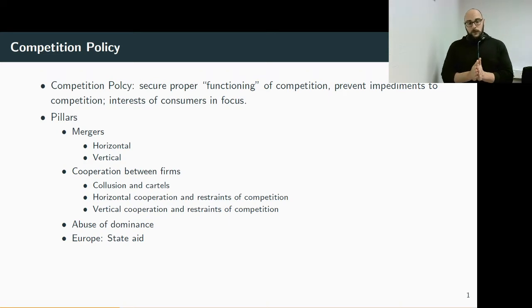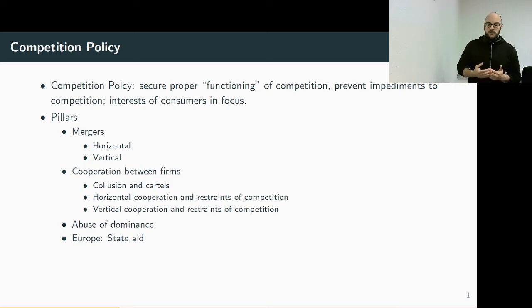However, and that's also something we have to keep in mind, when we talk about impediments to competition, it could be that we are in a world where a monopoly arises naturally, right? That's what we've talked about in the third lecture, that basically when the cost function and the cost structure in the market gives rise to a setting that is characterized by very high fixed costs and low marginal costs, or constant marginal cost, we get to a situation where it's better to have a single firm in the market.